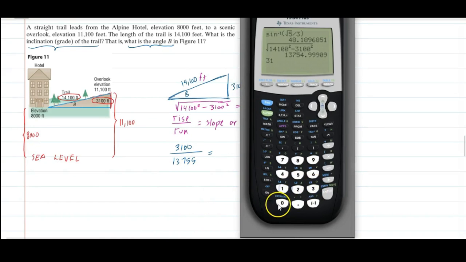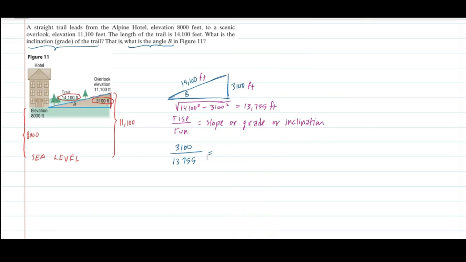So 3,100 divided by what we got previously, and so you end up with 0.225. All right, so 0.225 is the answer that we get here. And generally, we don't leave things like that because that does tend to confuse people. These are usually on the sides of the road and stuff like that.